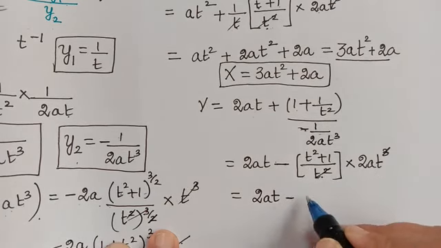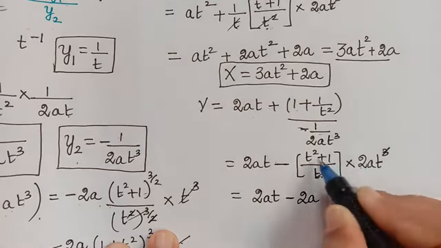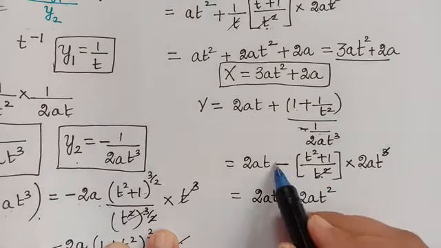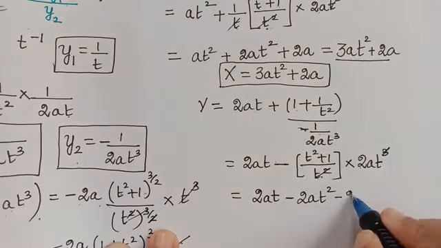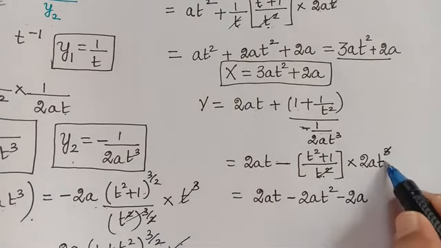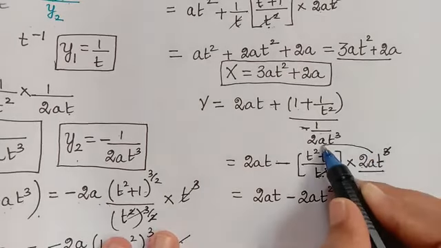So it will become minus 2a t squared, then minus 2a. Now we are left with t also here, so it will be 2at multiplied with t squared first.